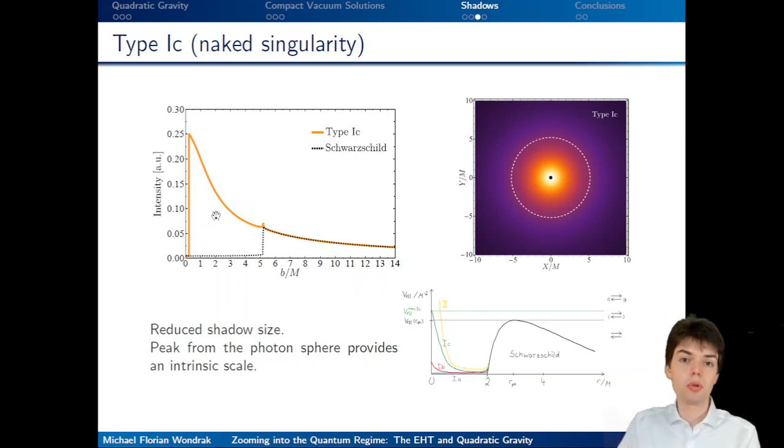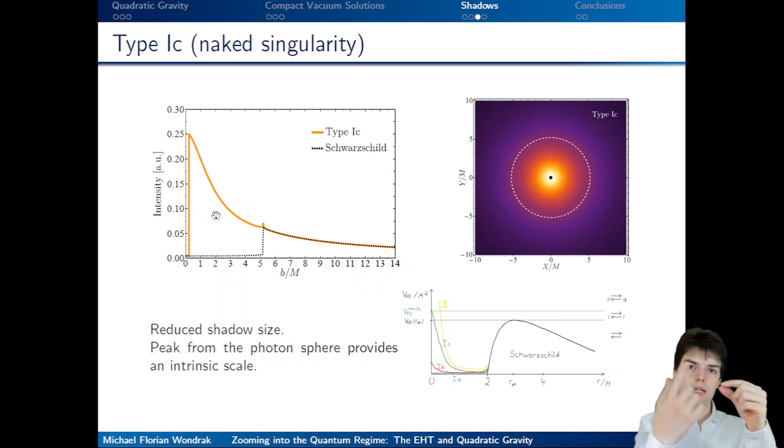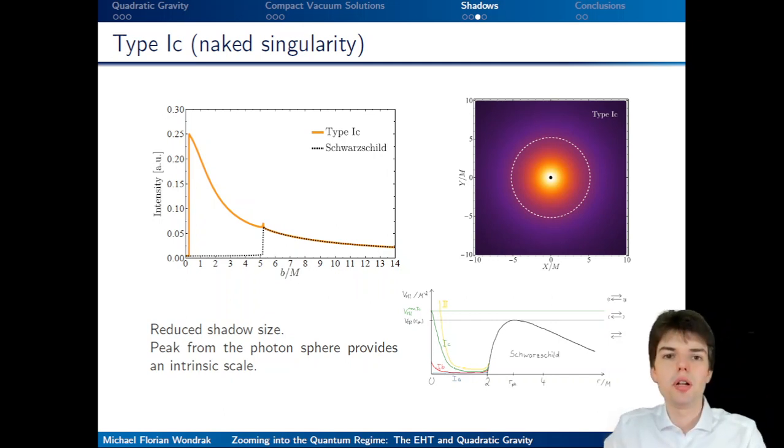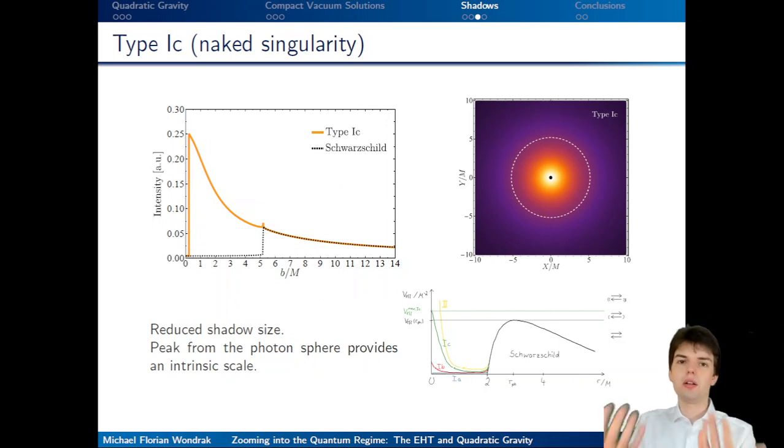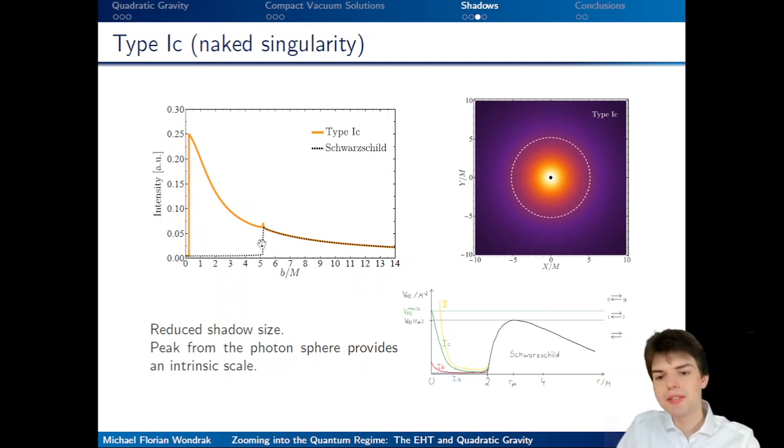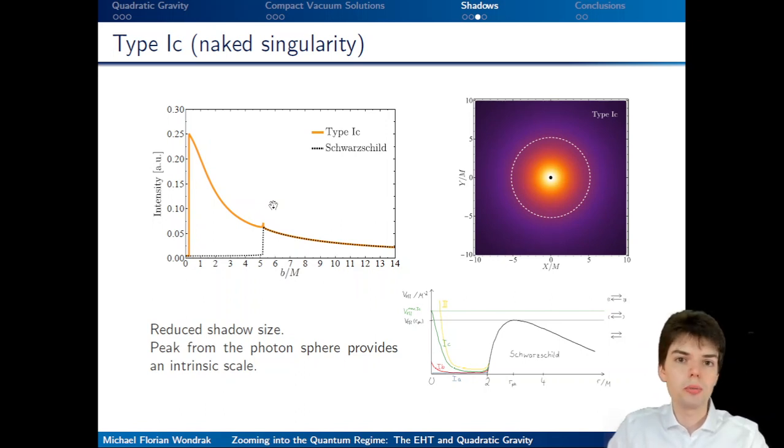Actually, a lot of contribution, as the paths of these light rays, due to this spiral movement, actually have a long path, and therefore accrete a lot of intensity. But still, we have some range of impact parameters where we have no intensity. So we have some small shadow around. And as a cherry topping, we still have a small peak at the position of the Schwarzschild photon orbit.